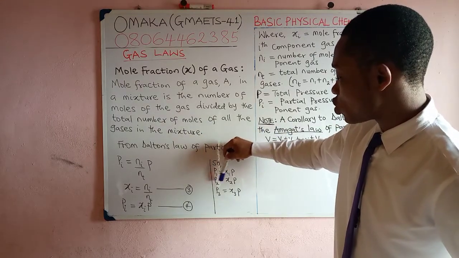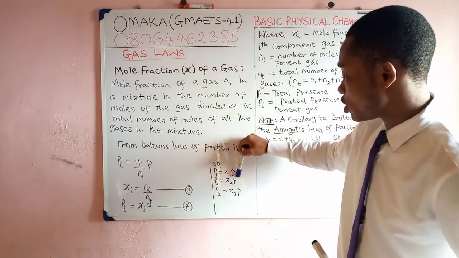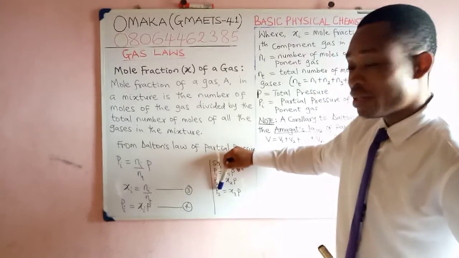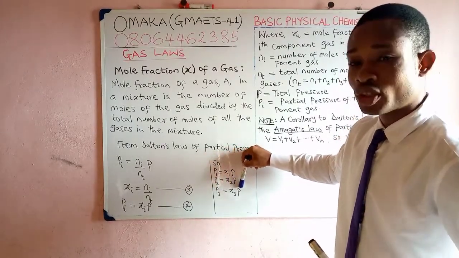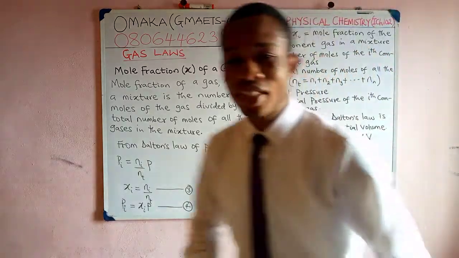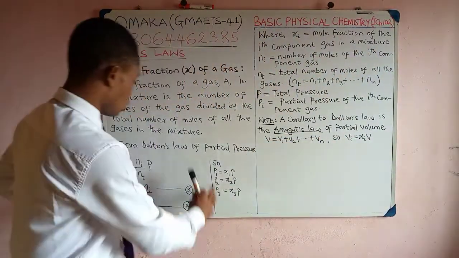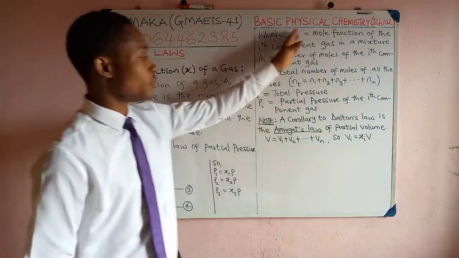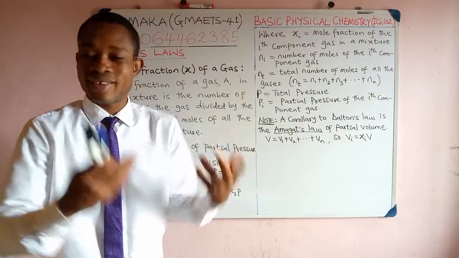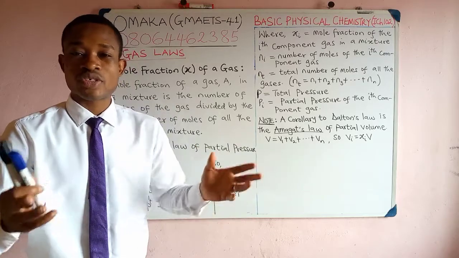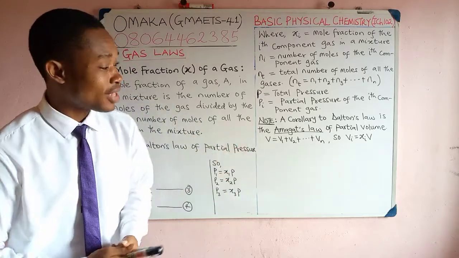Partial pressure of gas 2 equals mole fraction of gas 2 times total pressure. And partial pressure of gas 3 equals mole fraction of gas 3 times total pressure. Now the meaning of all the terms we used here is written on the board. You can go through that. I simply represent a particular gas in that mixture, so we'll refer to it as the ith component gas.